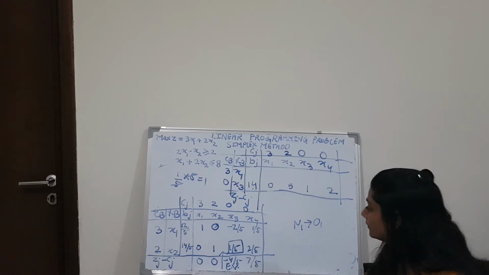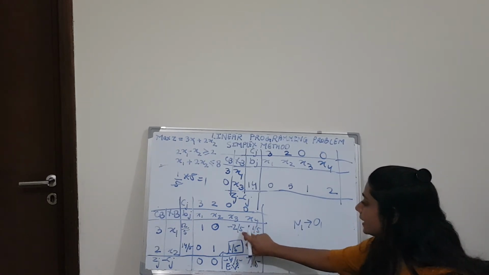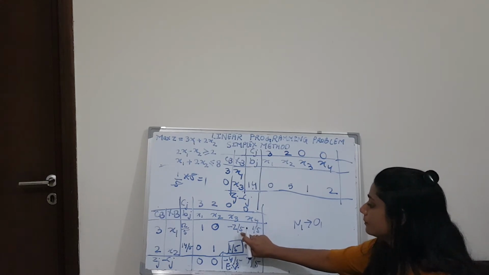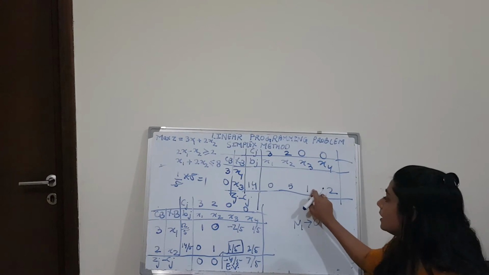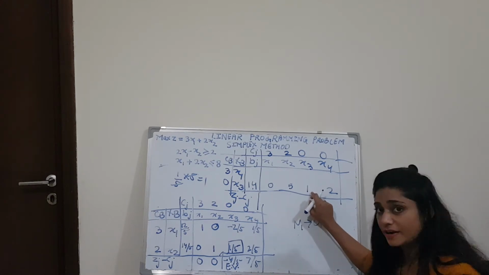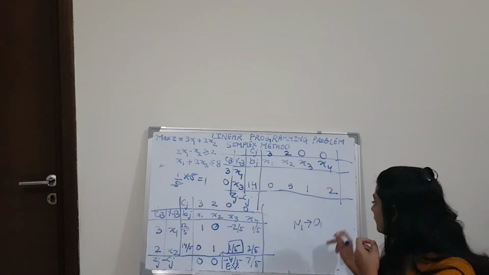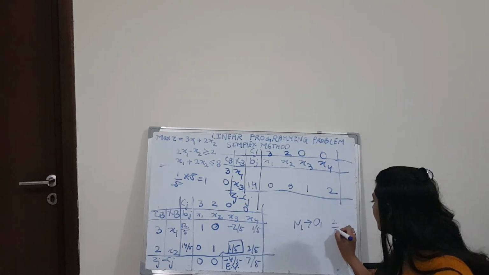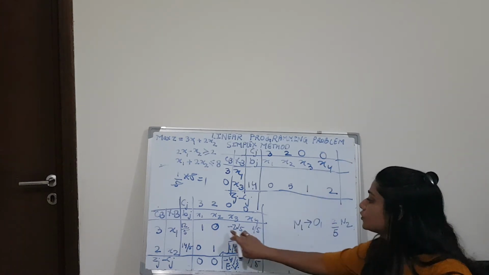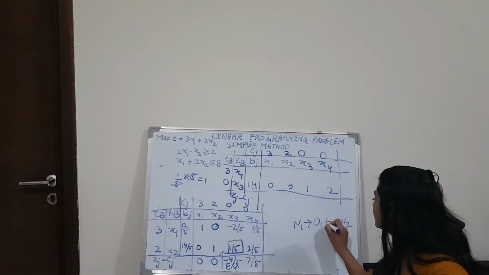Then we will check at this place in the old table O1. What number is there? Minus 2 by 5. So what we can do, we will multiply, and at this place 1 is here. So we will multiply 2 by 5 in n2 and we will add, because minus is there, so we will add.